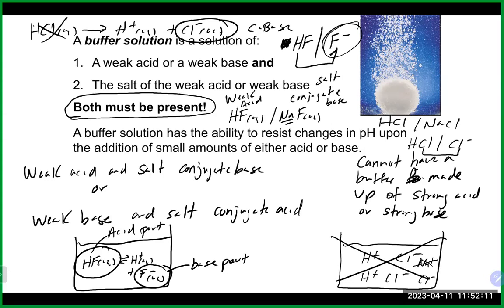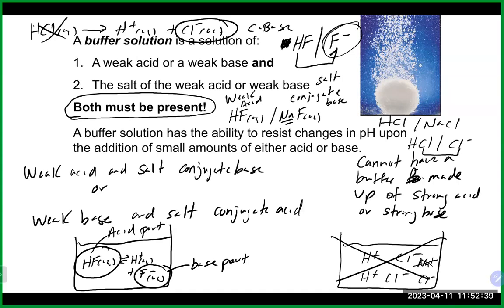For example, if you started with a buffer at a pH of 5 and you add acid to it, it should stay around a pH of 5. Maybe it drops to 4.92, 4.93, something like that. But you would not see the pH go from 5 all the way down to a pH of 1. It's able to resist that change. Same thing if we started with that buffer at a pH of 5 and you add some base to it: you will see a gradual change depending on how much you added.